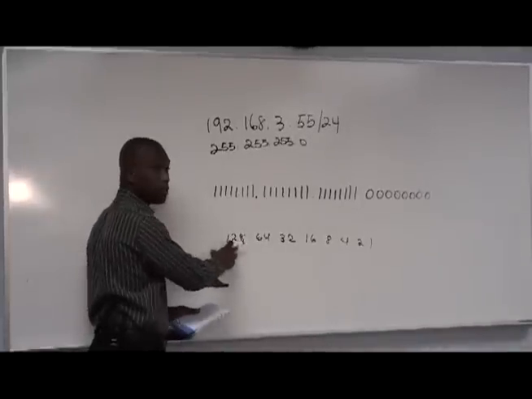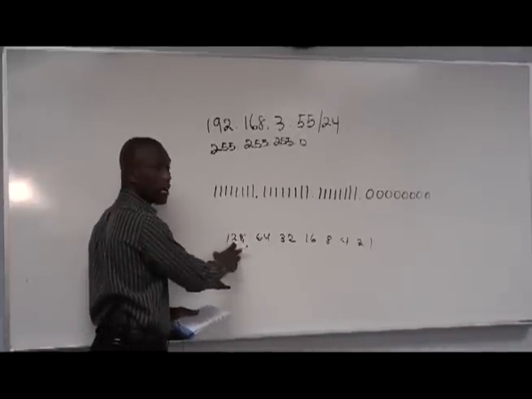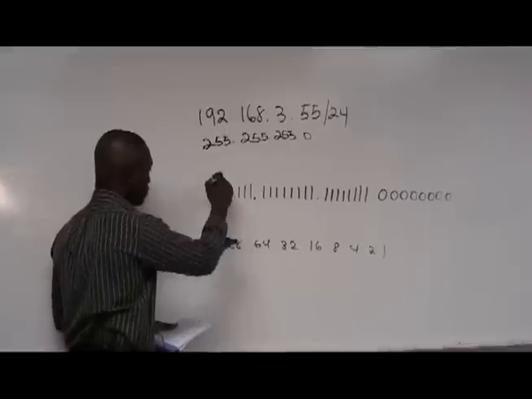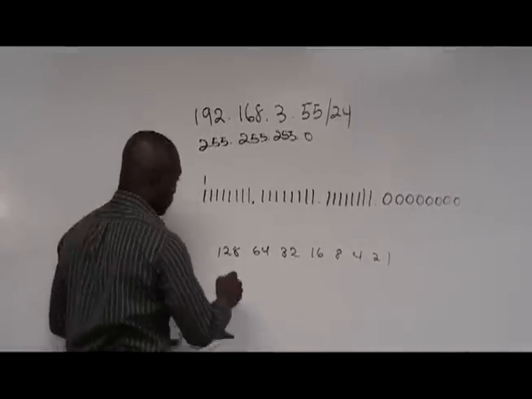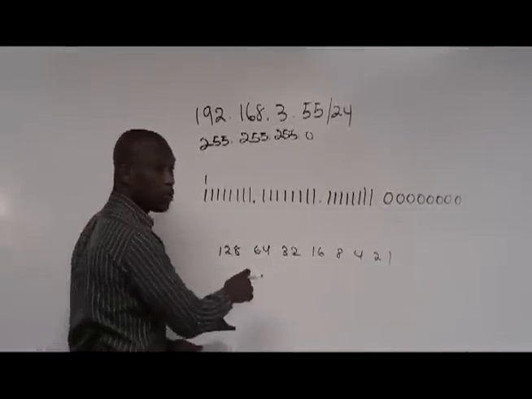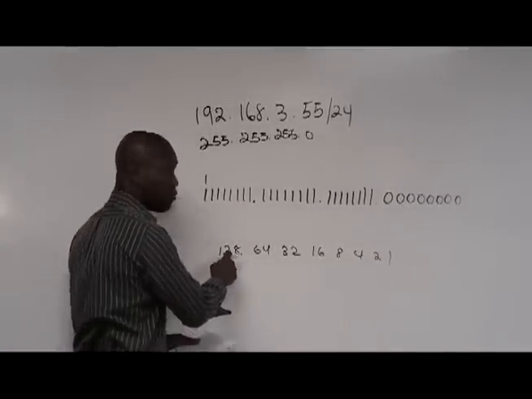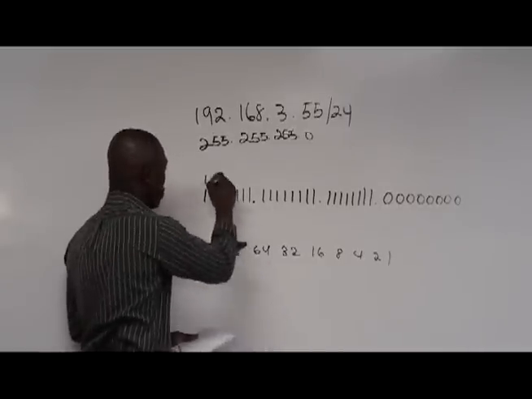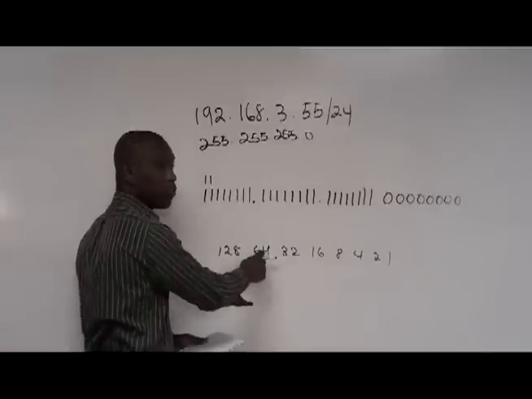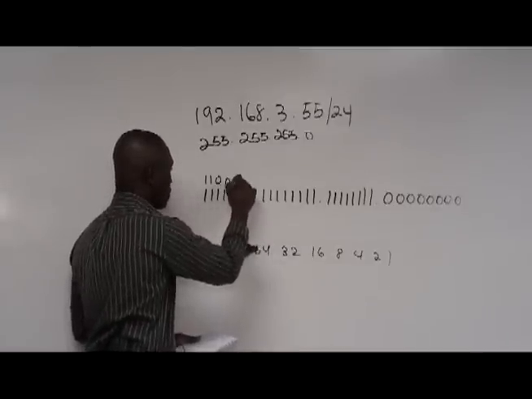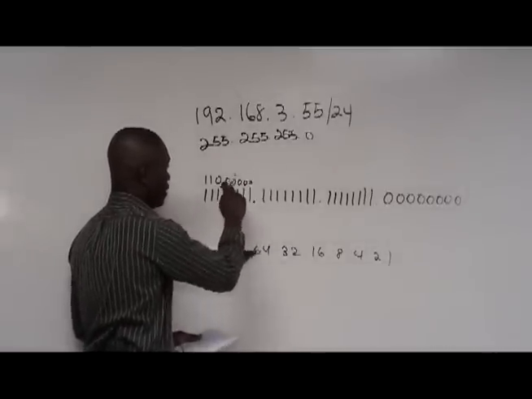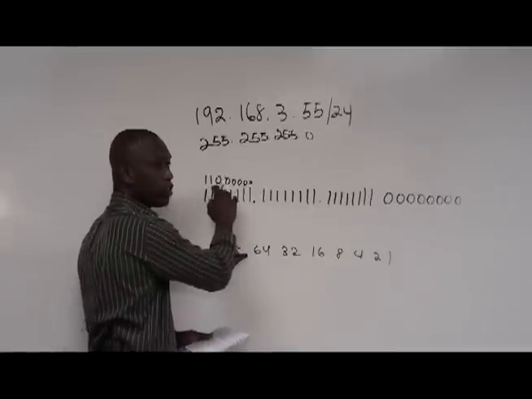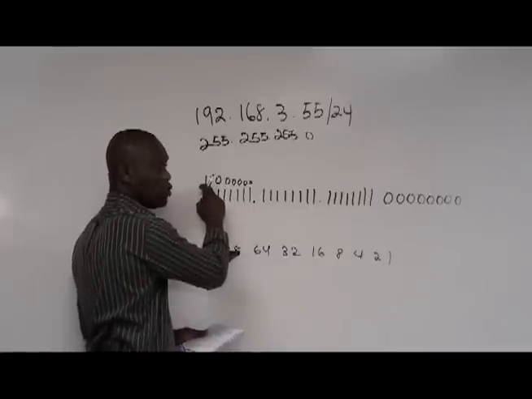We put on the first one, which is 128. And 192 minus 128 will give us how much? 64, right? So we put on this next one, the 64, and we take off the rest. So this here is the binary representation of 192.